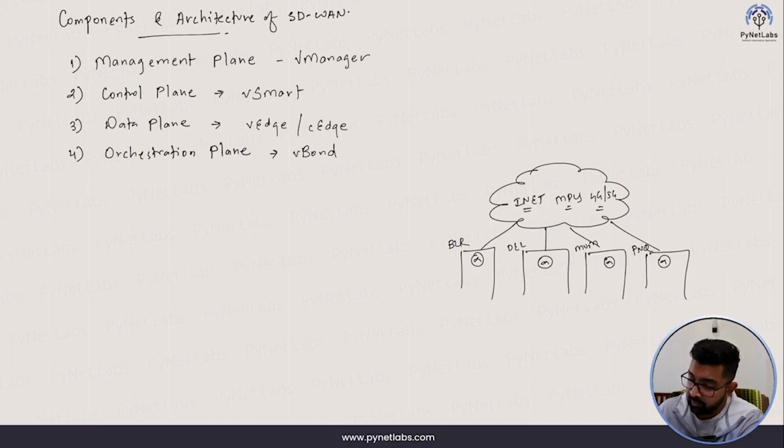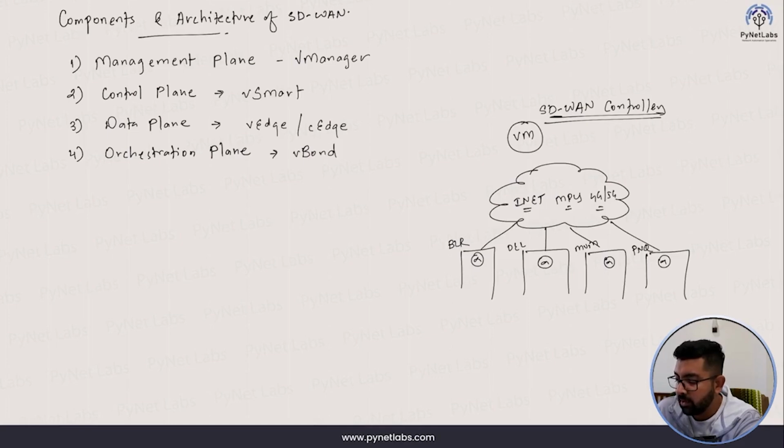And then there are going to be a set of SD-WAN controllers. If we speak about the specific controllers, then you are going to have vManager, vBond, and vSmart. Along with that, you are also going to have an admin machine that actually interacts with the vManager.